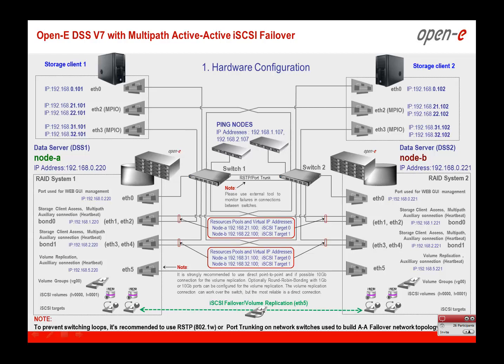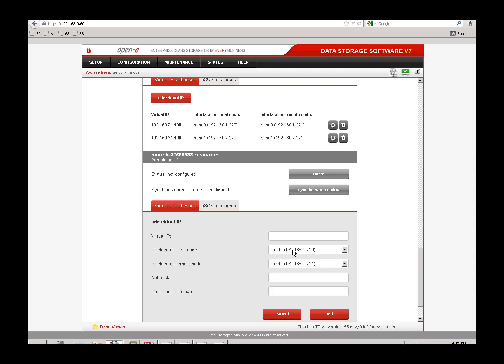Okay, so let us do it. 192.168.2200, and for the 22 we select the first bond. The first bond is the bond 0. Okay, we are done. So net mask, regular class C network, 256 addresses.